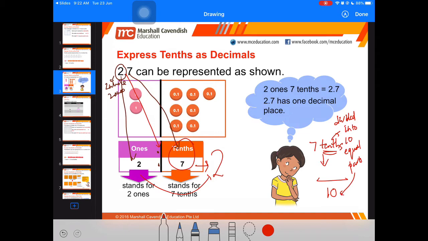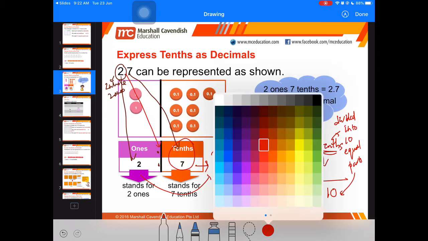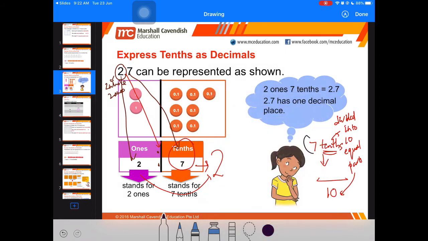And the numerator will be 7. So this is the fraction. If you write it down, Miss Wong will write it like that: 2 wholes and 7/10. Okay, so this is what it does.